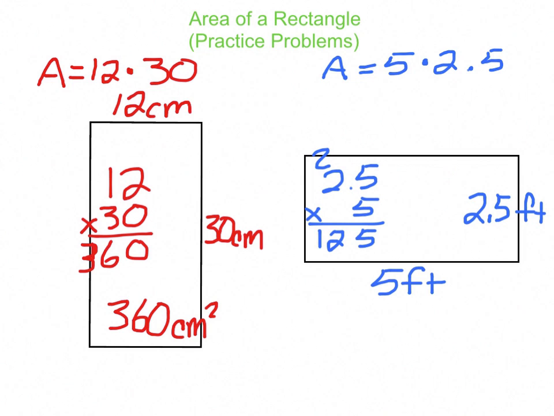We have one decimal place in our problem, which means we have to have one decimal place in our answer. So the area of our second rectangle would be 12.5 square feet, or feet squared. And that's about it. You now know how to find the area of a rectangle.